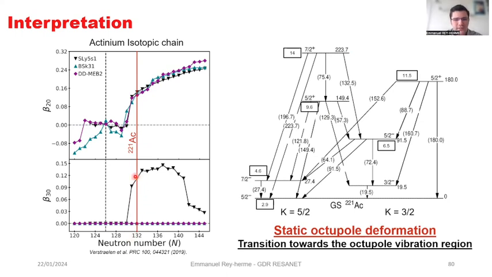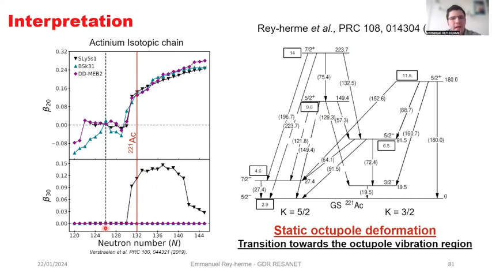So we see that we are still in the region of octupole deformation, but we are really at the limit between this region of deformation and the region without static deformation, but only octupole vibrational behavior. And all this analysis and interpretation was published in July 2023 in PRC.